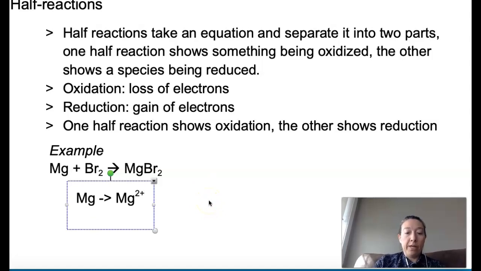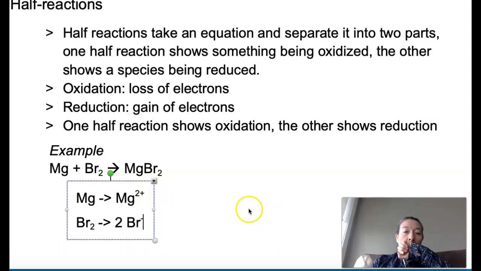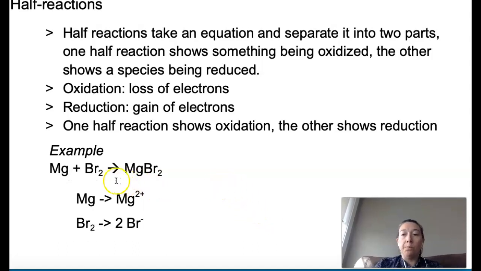Okay, our other half reaction is going to involve that bromine, right, because that's what we had on the reactant side, turning into those two bromide ions. Okay, so we're splitting by the type of element. So the magnesium that was on the reactant side is still on the reactant side.